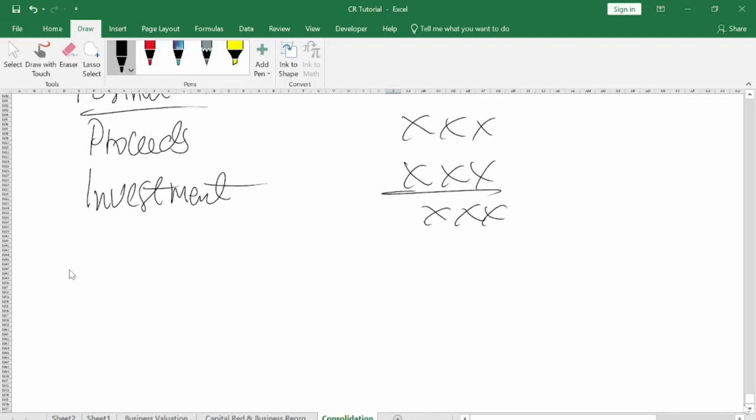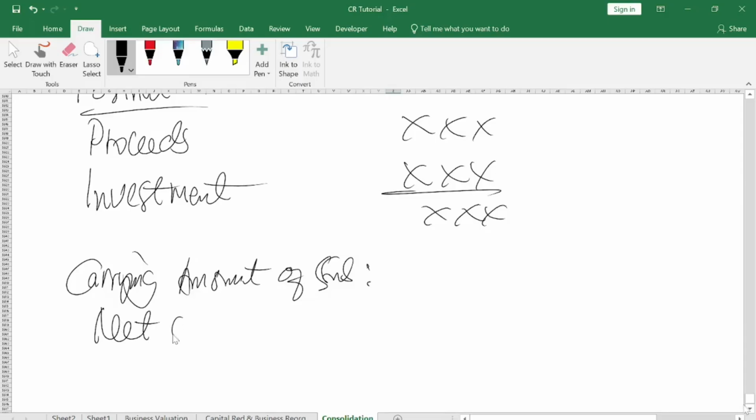When you are done, you will look at the value of the subsidiary that you are holding. What is the carrying amount of the subsidiary? You have the net assets at disposal, how much?